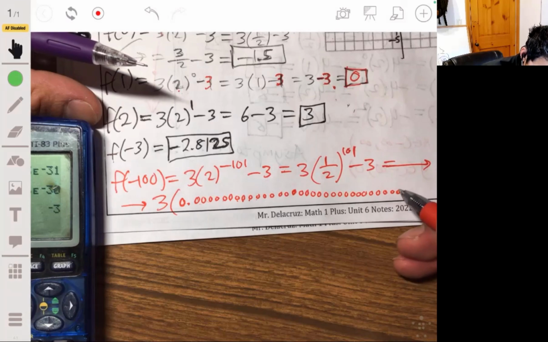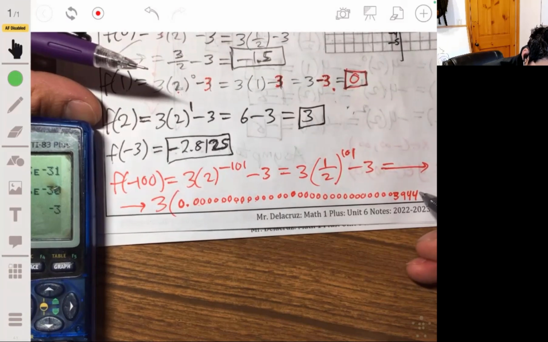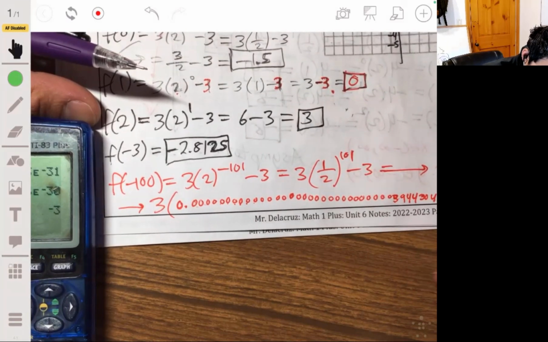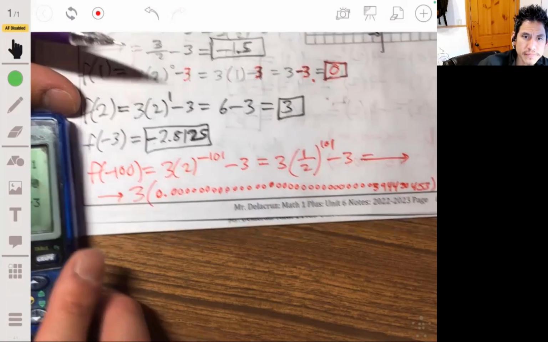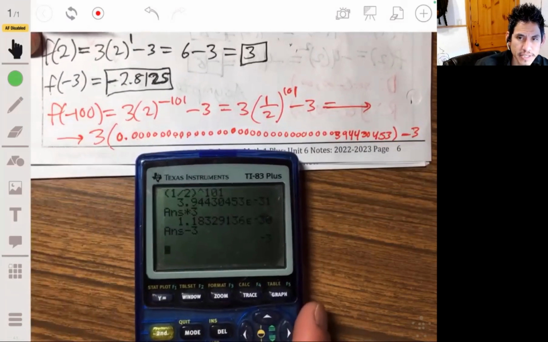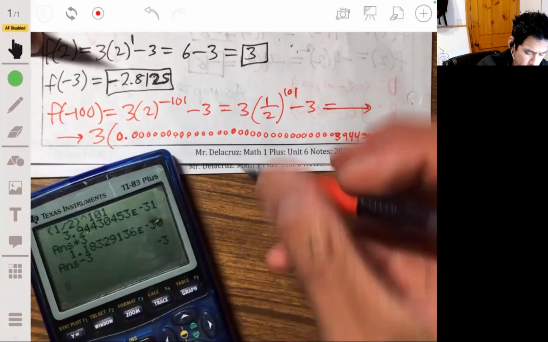Wait, that's where my 3 is going to be. So 3 will be here: 3, 9, 4, 4, 3, 0, 4, 5, 3. Then I'll subtract 3 after this. That's what this calculator is saying here. See how cool this number looks?